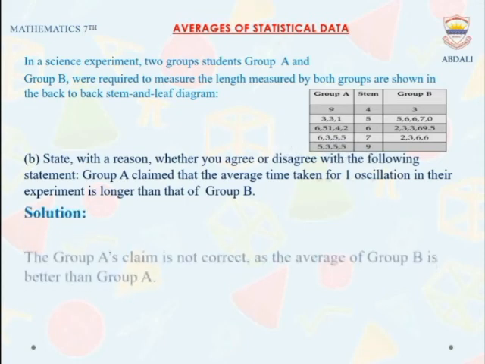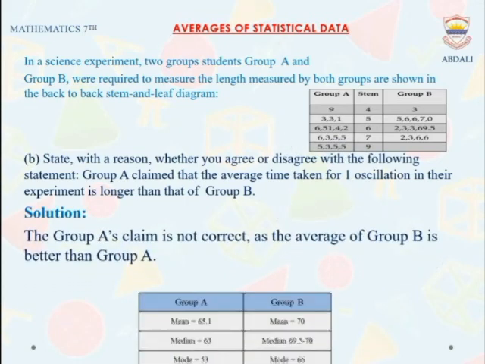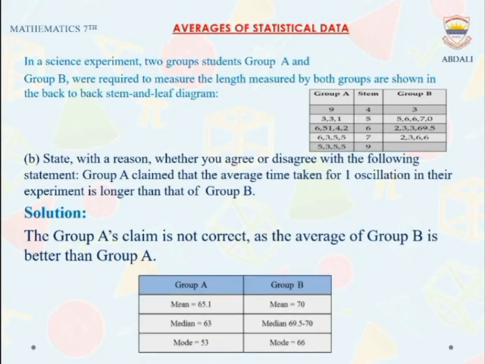So class, similarly you have to find the mean, median and mode for both A and B groups to compare them. So the mean for group A comes to 65.1, but the mean for group B is 70. And the median for group A comes to 63 and the median for group B is between 69.5 and 70.